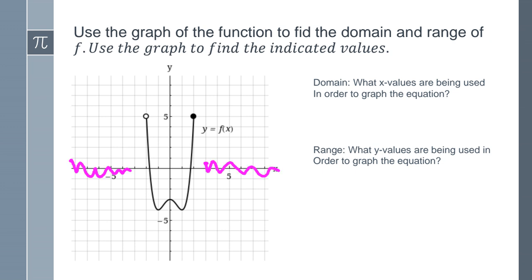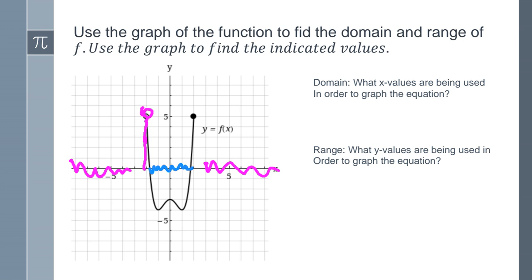So the first x value that is being used is right here. But notice that in this point, it's an open circle. So if you have an open circle, it means that we're not going to include that point. And then all of these values are being used all the way to this point here.